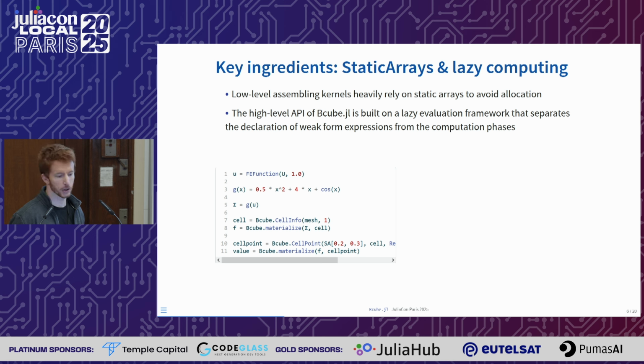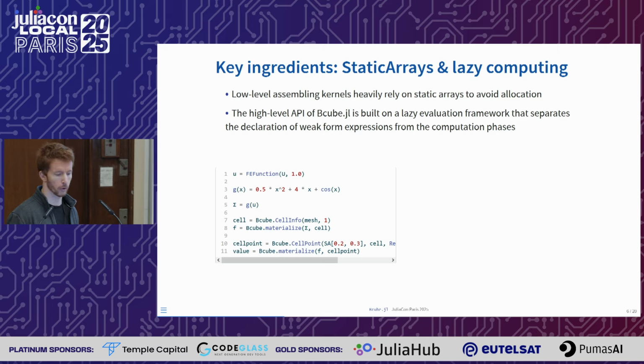The second ingredient is the high-level API of Bcube, which is built on the lazy evaluation framework that aims to separate the declaration of the weak expression given by the user from the computational steps that are done inside Bcube.